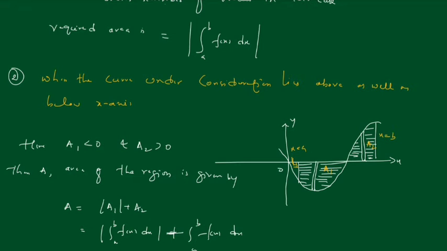So in general we are taking the sum of these two terms. We take mod for the first term because it is below the x-axis, so its value is negative. We consider it as a positive value by using the absolute value, when the curve under consideration lies above as well as below the x-axis. So in this case the area is A equals mod A1 plus A2.